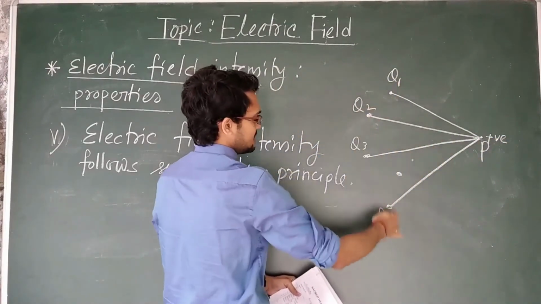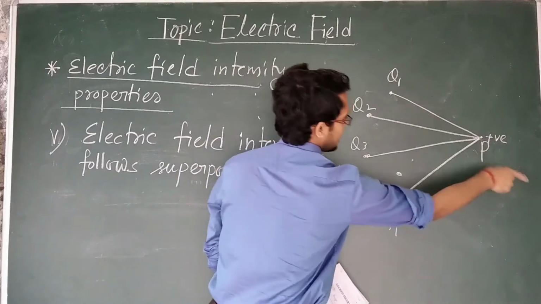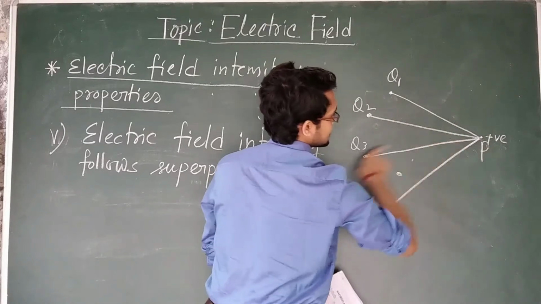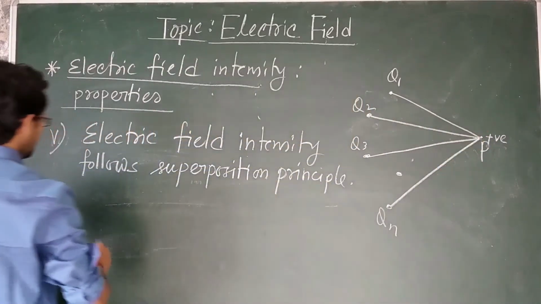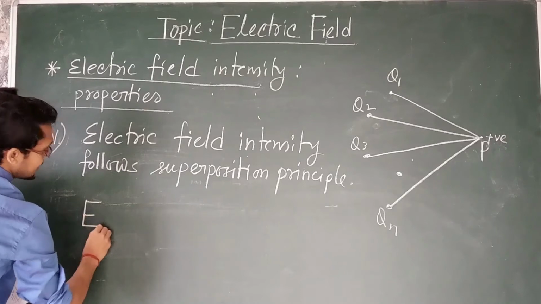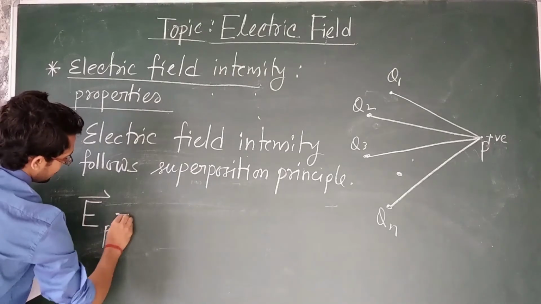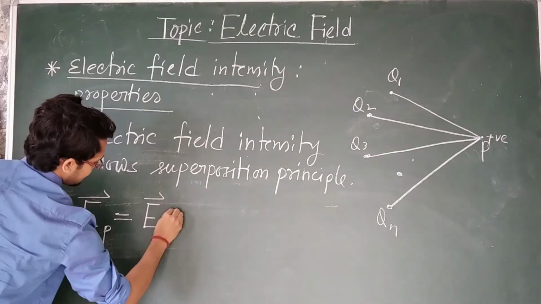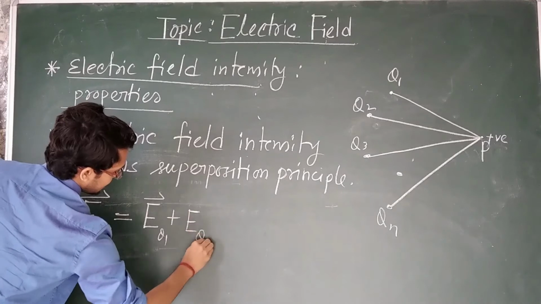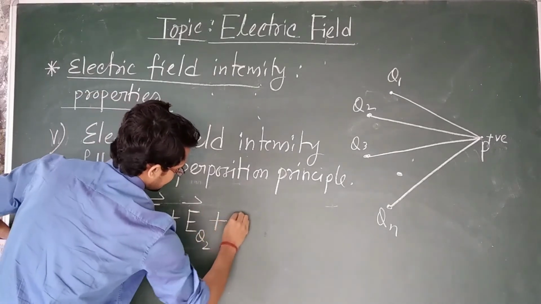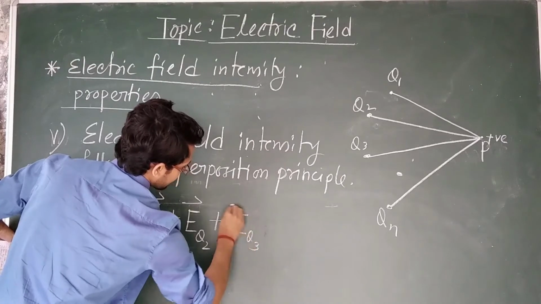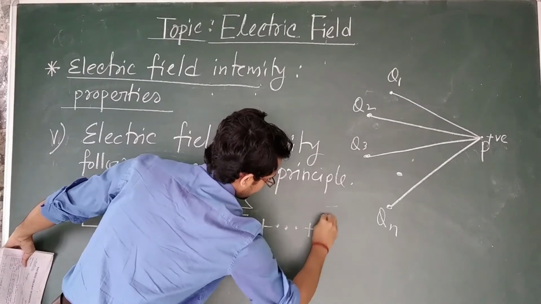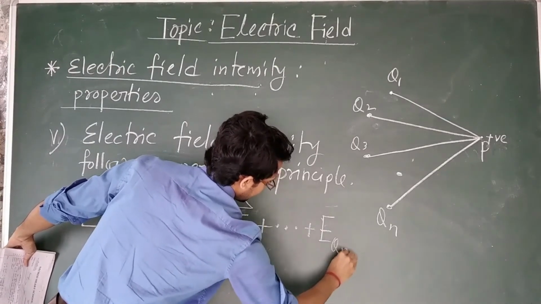Now if all these charges are positive, then force will act on this unit positive charge away from these charges. So at the end, the electric field intensity at point P will be the vector sum of the electric field intensity at point P due to the charges individually, plus dot dot dot plus Qn.